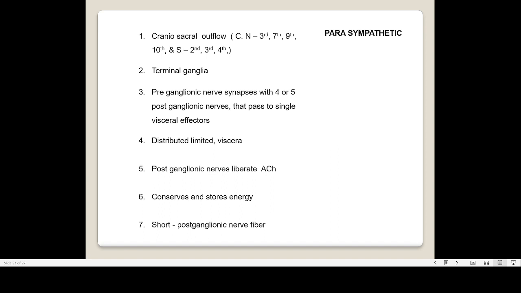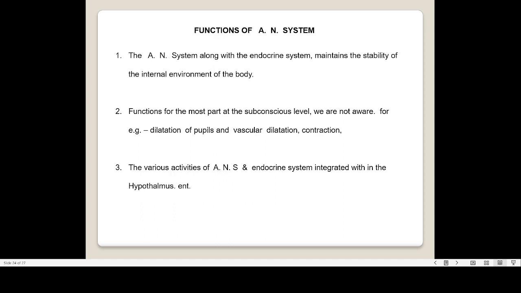The preganglionic nerve synapses with 4 or 5 postganglionic neurons, which pass to a single visceral effector and are distributed to limited viscera. The postganglionic nerves liberate ACH and conserve energy, and the postganglionic fibers are short. This is the feature of the parasympathetic system.